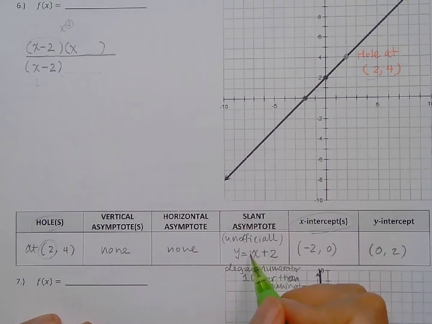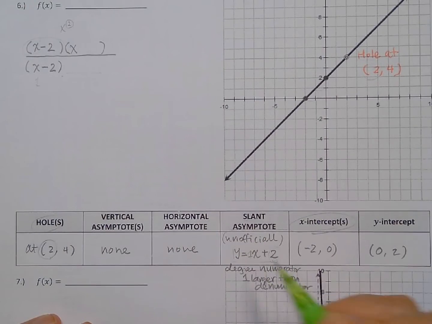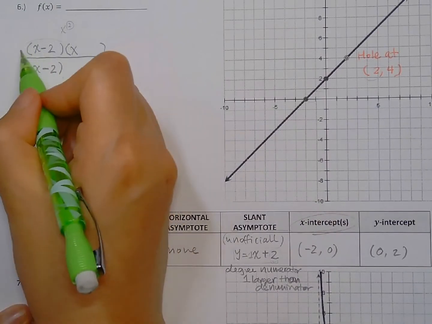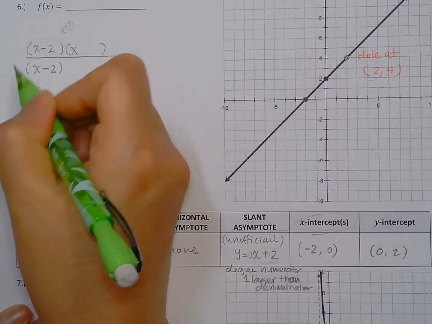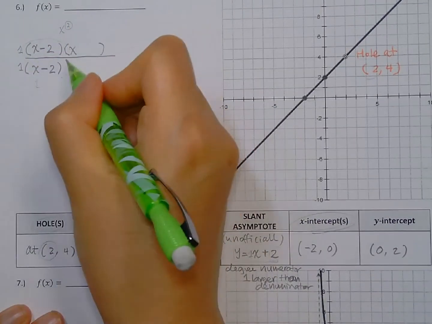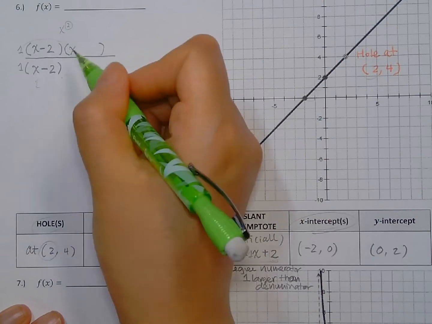Since the slope of this equation is 1, I don't really have to worry about the specific ratio of coefficients from each side. So it's 1 over 1, and I don't have to worry about anything in front of the x.